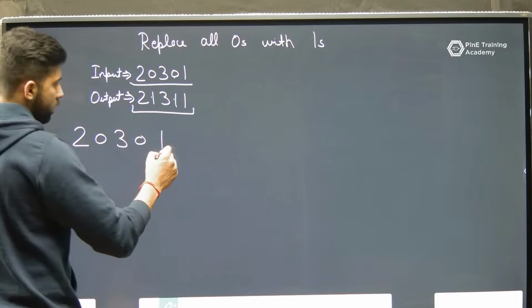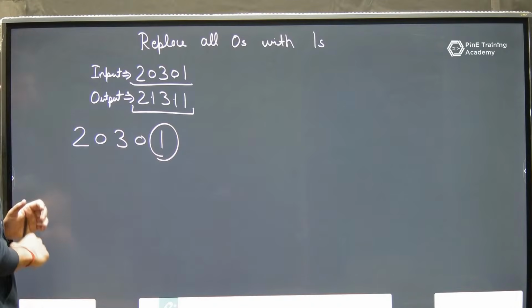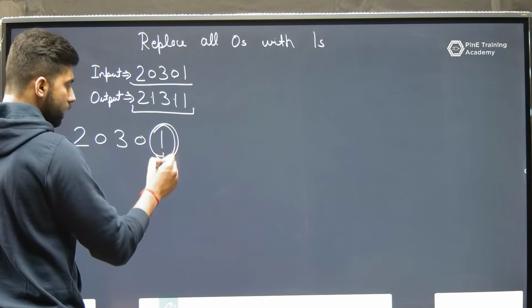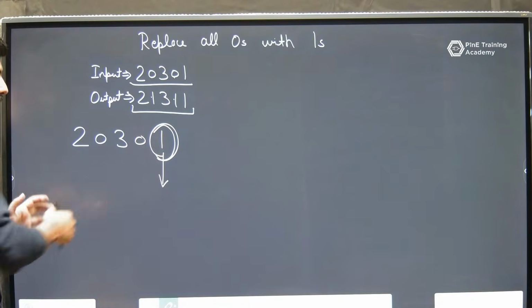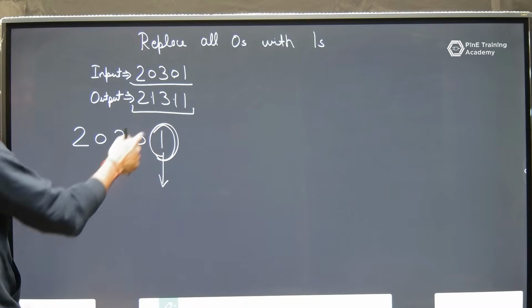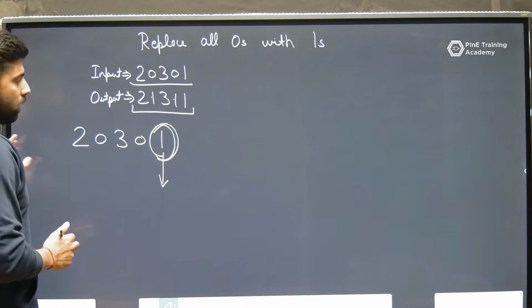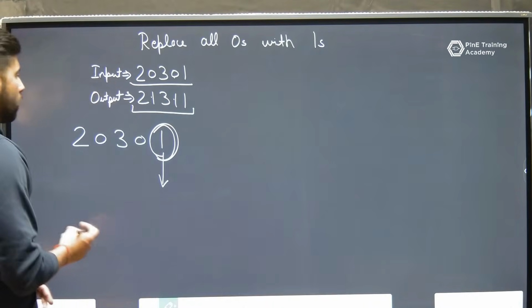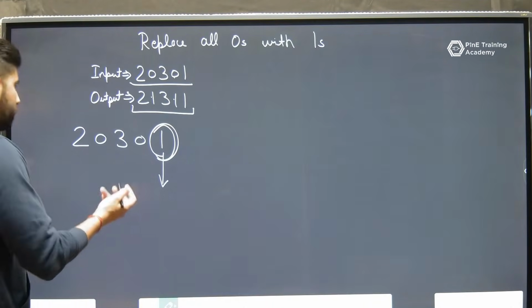So what do I need to do is, first we will figure out the logic. I can simply separate a digit and check if it is 0 or not. Simple, right?